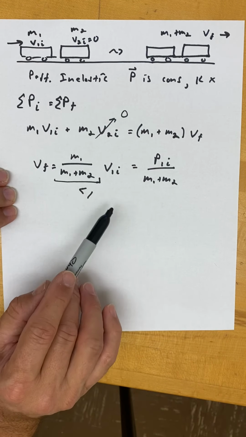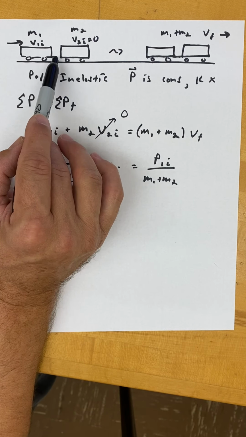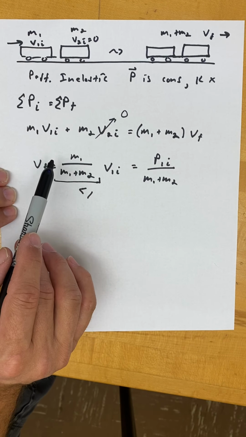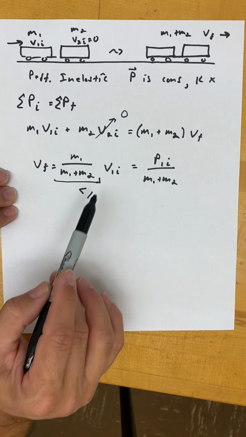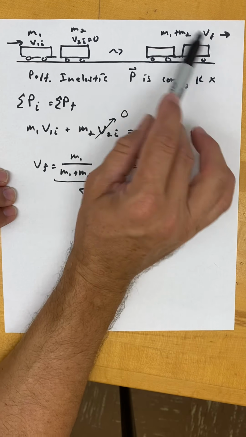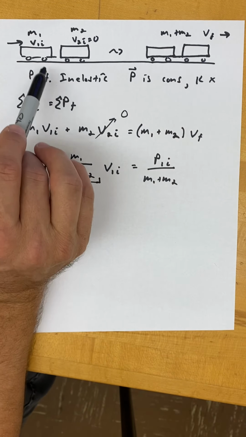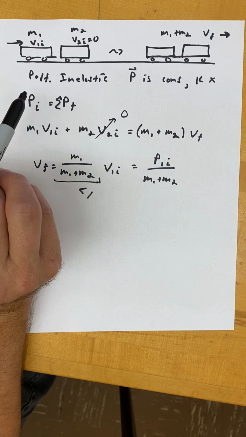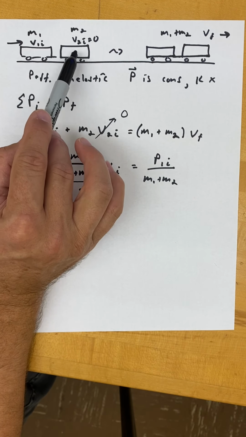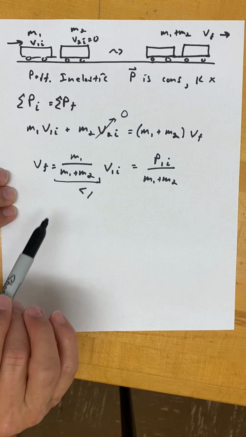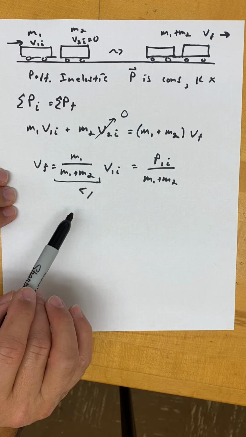That's got to make some sense. Nobody expects these two to couple up and then start moving faster. That violates all sorts of physical laws. In this case, we find that the final velocity of everything together is less than the velocity of the first object. Again, that's for the special case of the second one being 0, but if you think about it, I think that makes sense.